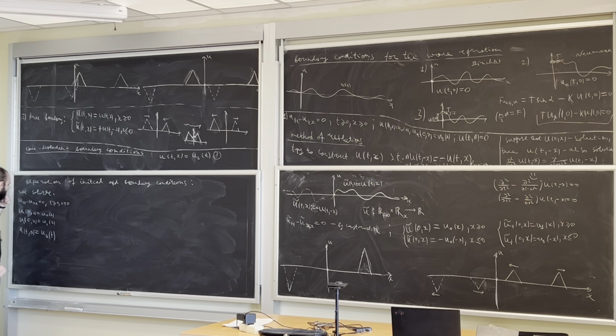We can write more generally: if u0 of x equals u0 1 of x plus u0 2 of x, then u of t and x will be a combination of two solutions, like this.